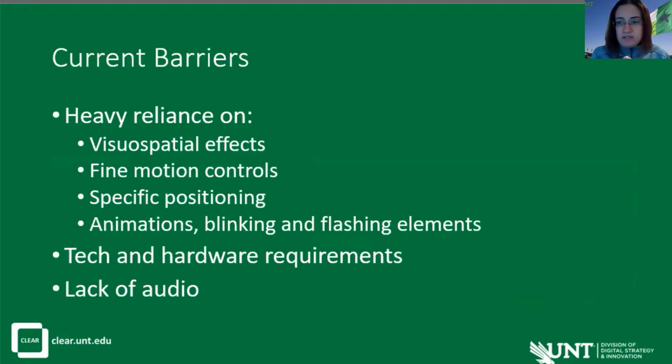Some of the current barriers in the immersive environments we've seen that use VR or AR technology are, in general, a very heavy reliance on visual spatial effects, which of course can be a barrier for people who can't see, or don't have a good sense of space. Then there are fine motion controls.